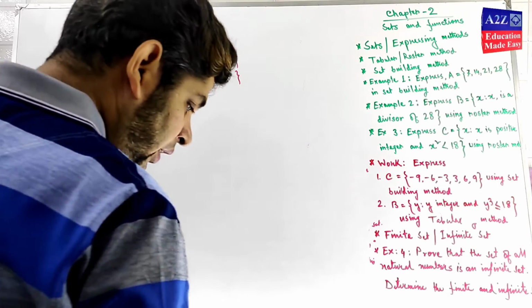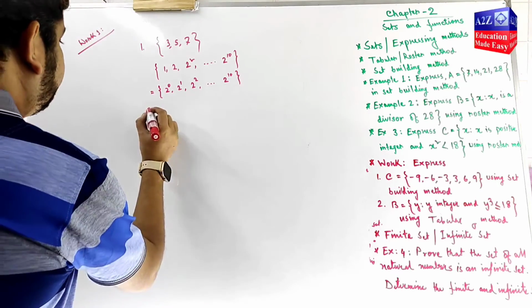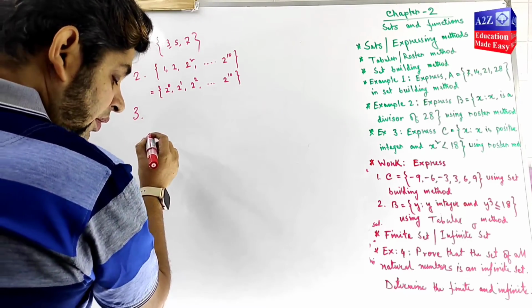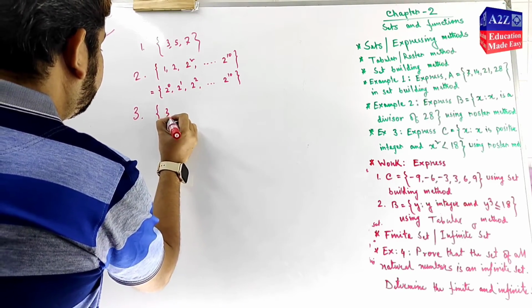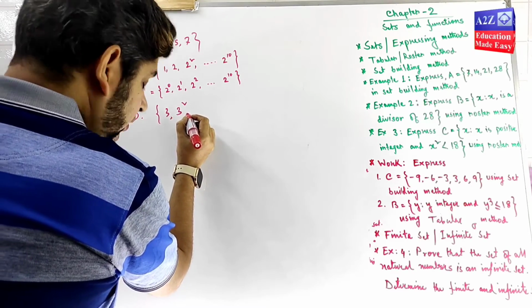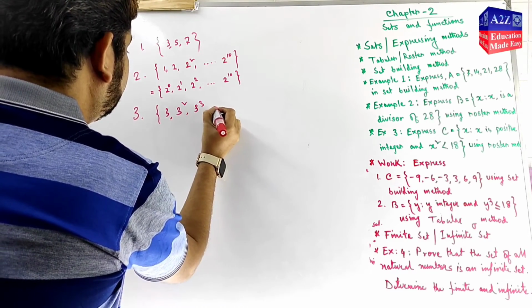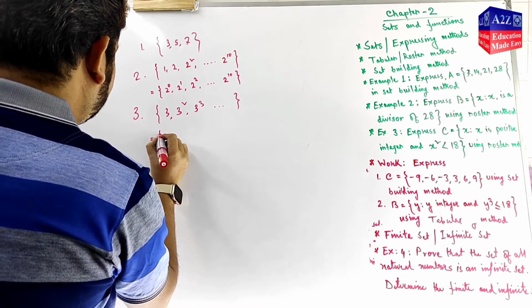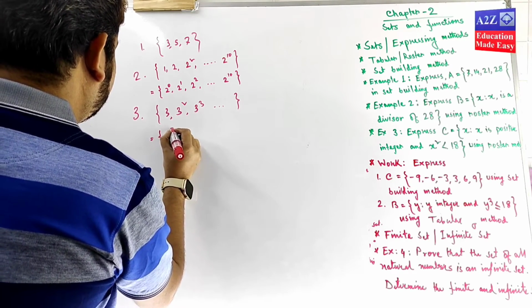The third set is given: 3, 3 square, 3 cube, dot dot.